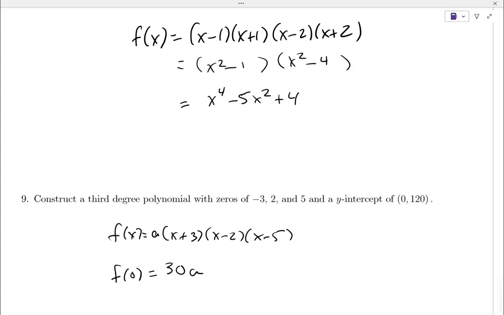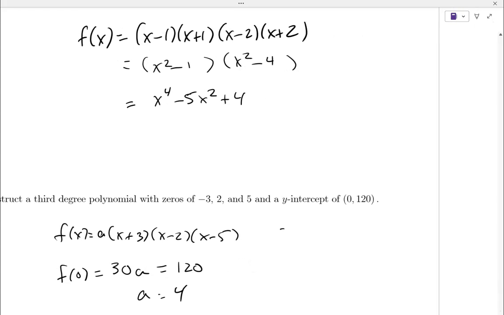What are we supposed to get out? What does it tell you the y-intercept is? 120. So what does A have to be? 4, yeah. Okay. So then your polynomial would just be 4 times (x plus 3) times (x minus 2) times (x minus 5). And no, you don't need to worry about multiplying that out.